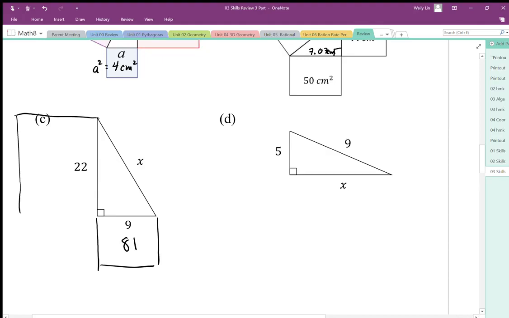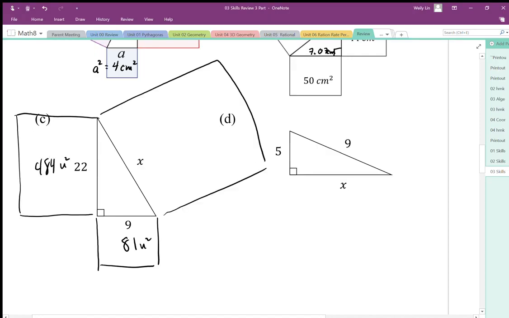The square area here, 22 squared, is 484. This is units squared, and that makes this square area equal to 565 units squared. And it's through this area that we can then find the side length of x.